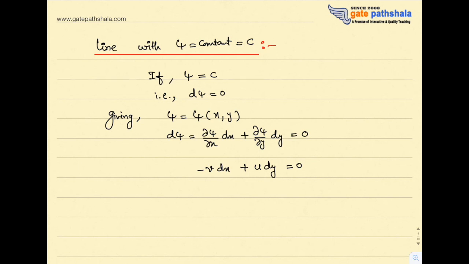So from above equation, we get one interesting thing, that dy by dx is equals to v by u. It is the ratio of component of the velocity in y direction to the component of the velocity in x direction. So this is the slope of the line with psi equals to constant.